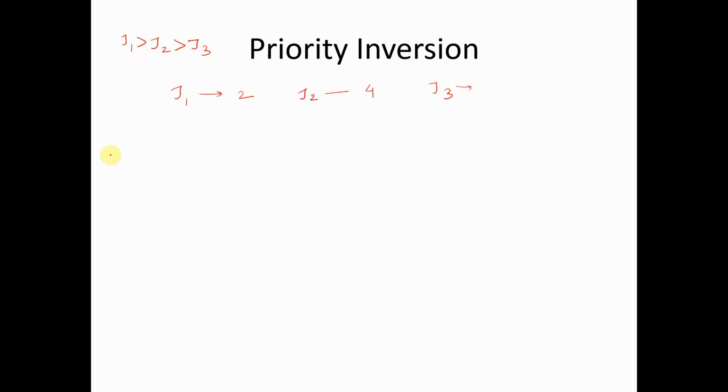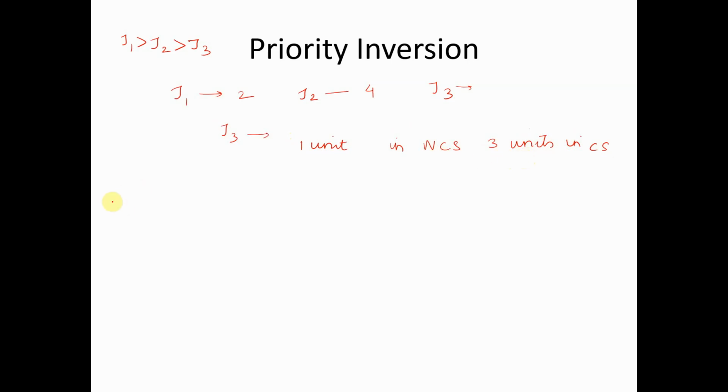So let's say J3 wants to execute for 1 unit in non-critical section and 3 units in critical section. That is, by acquiring a shared resource, it wants to execute for 3 units.